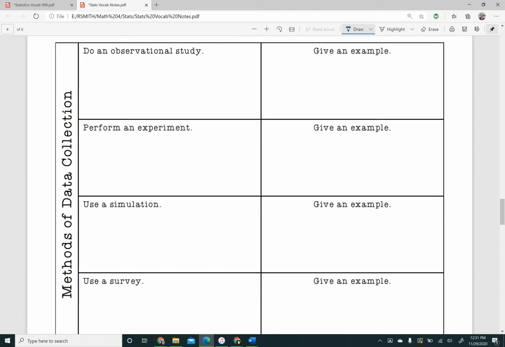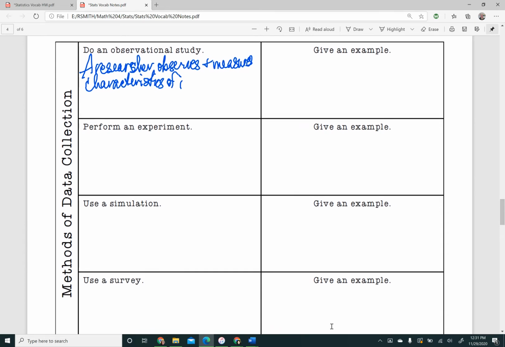And when we do an observational study, a researcher observes and measures characteristics of interest of part of a population but does not change existing conditions.